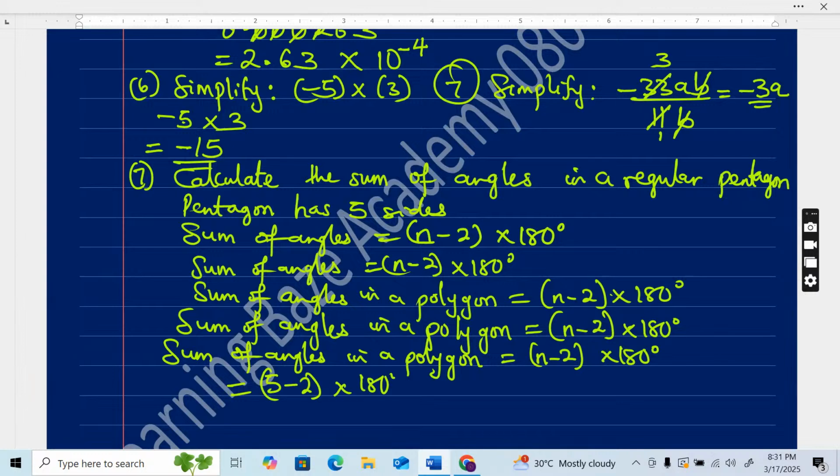times 180 degrees. I've told you what the n means. It means the number of sides of the polygon.